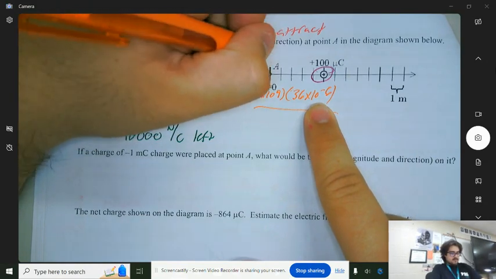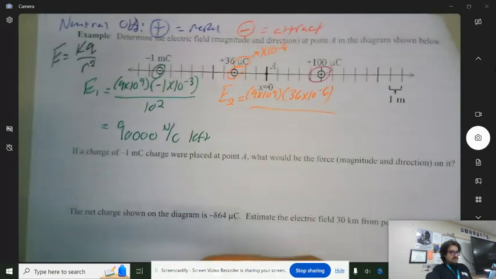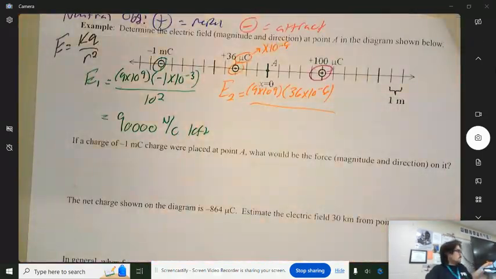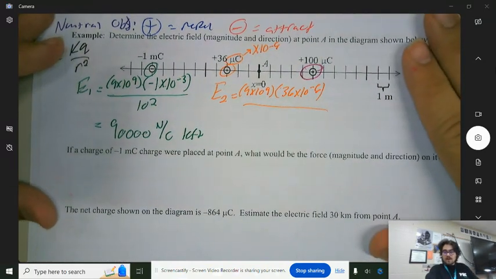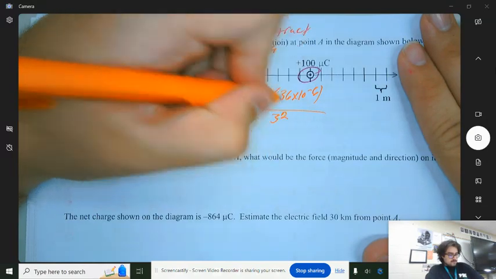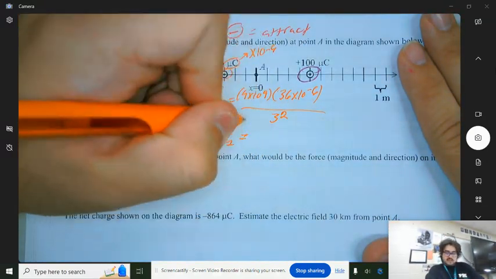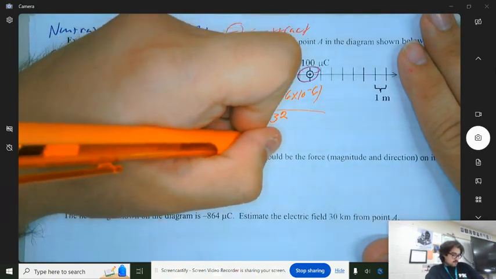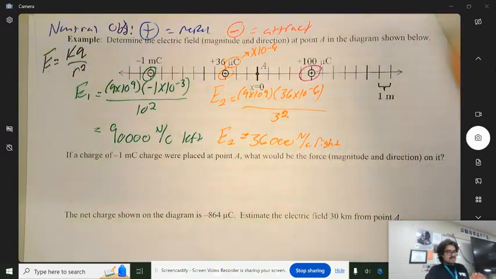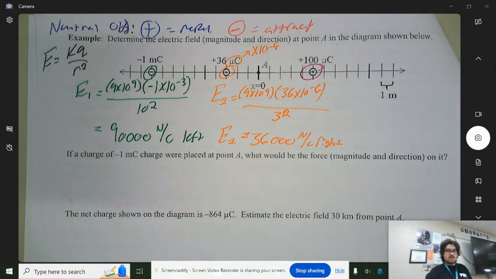Micro is mu, 10 to the negative 6, and that's in the SI prefixes on your formula sheet. The distance between A and that charge is just 3 meters. You would calculate that out to get 36,000 newtons per coulomb to the right, because it is a positive charge and it's repelling from that point.